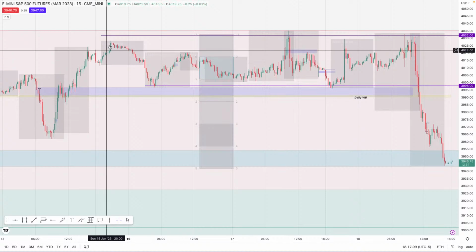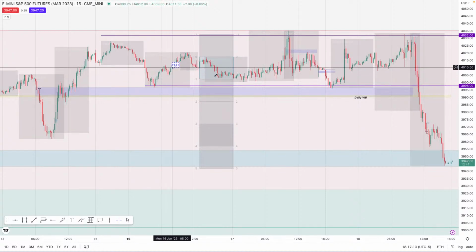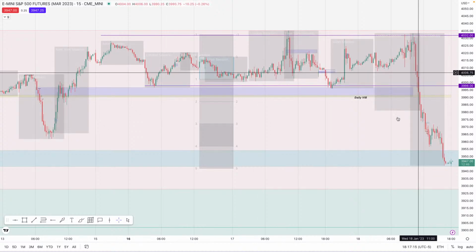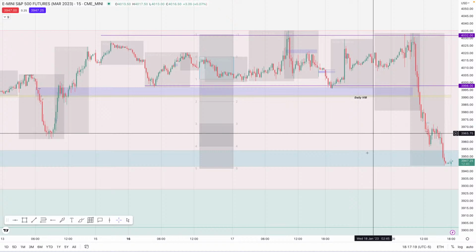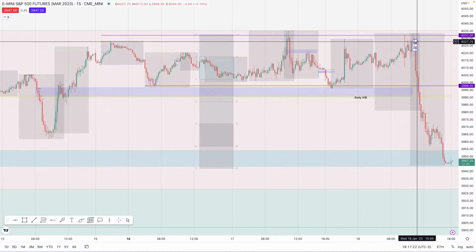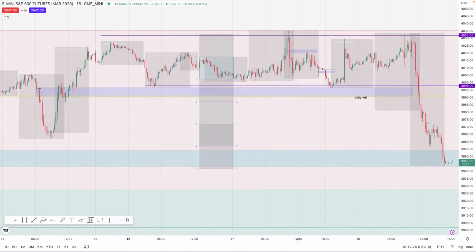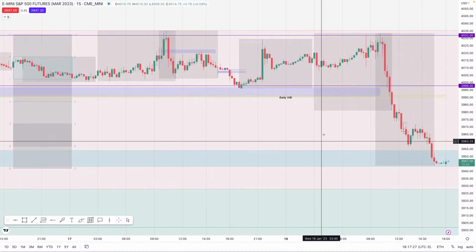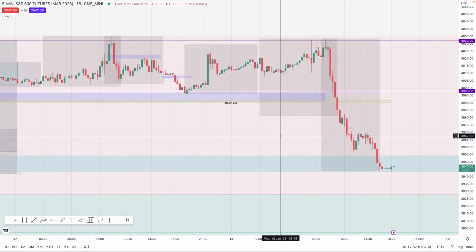Okay, so we talked about that this weekly range was consolidation, and then we had this huge sell-off. So I did not take this short at the top here. Let's go ahead and expand this and look at today's price action, and we'll go down to a 5-minute chart.